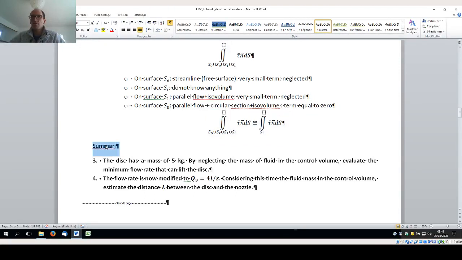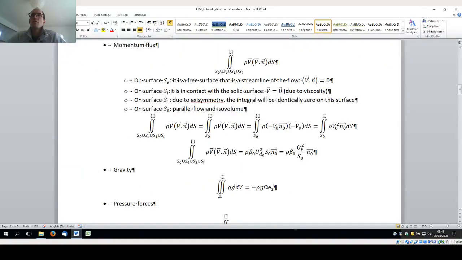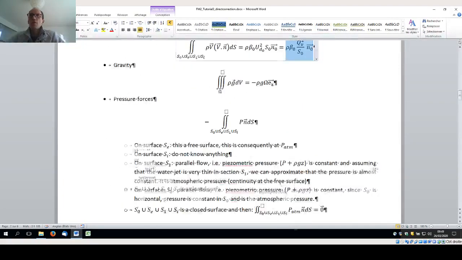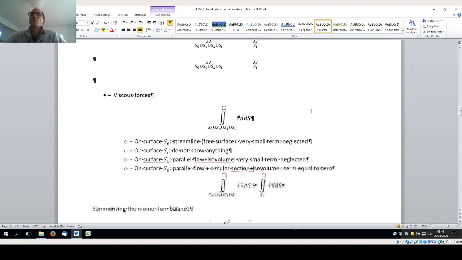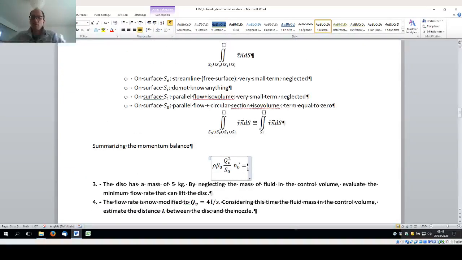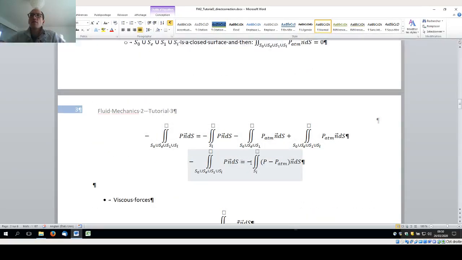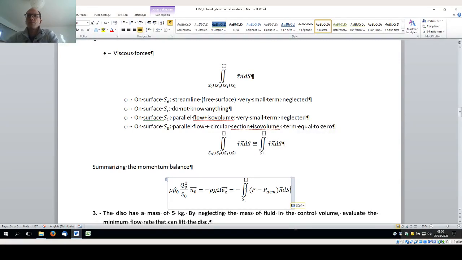So this means that summarizing what we have done, summarizing the momentum balance, we end up with, okay, so left hand side we have only one term, this term, which is equal to, sorry, the weight of the water minus this, plus these two.